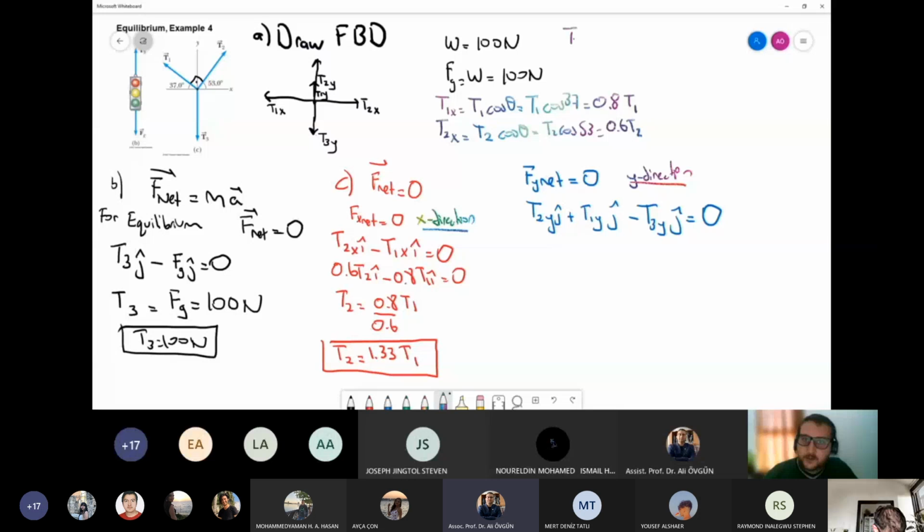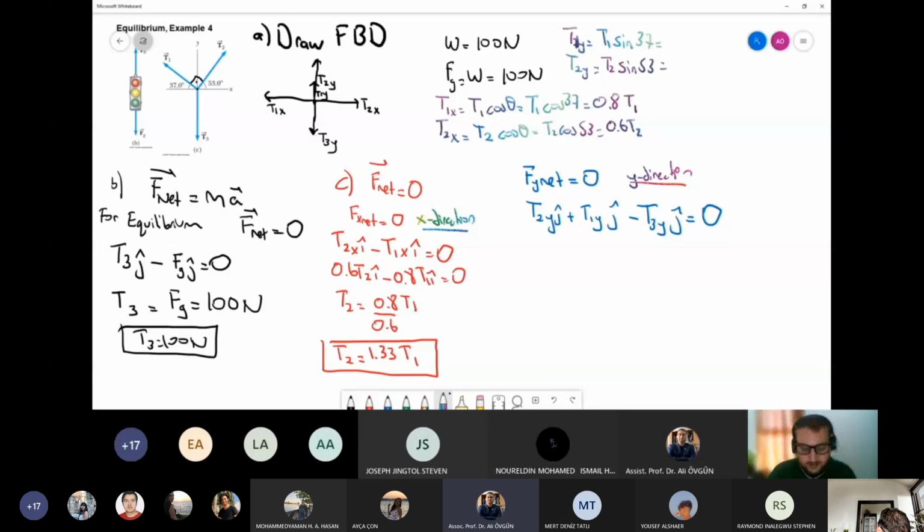T1y equals T1 sine 37 and T2y equals T2 sine 53.